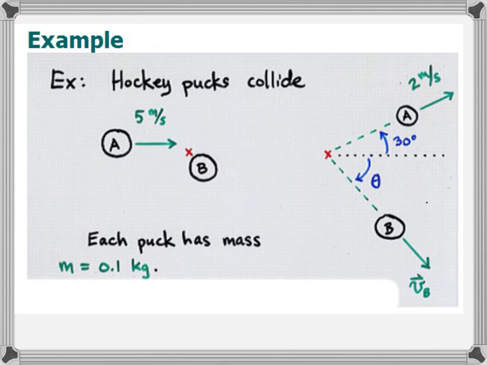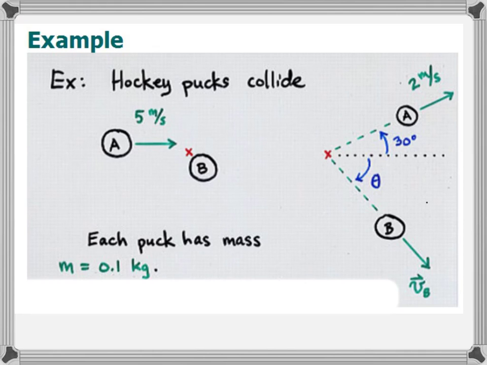And then puck B moves at an unknown speed at an unknown angle, and we're being asked to find both that speed and that angle. In this problem, we can also assume that each puck has a mass of 0.1 kilograms.